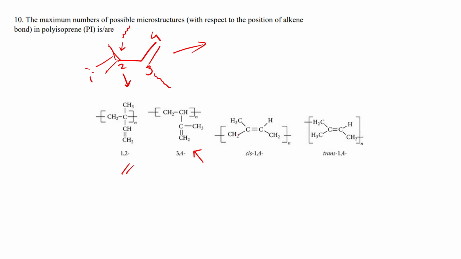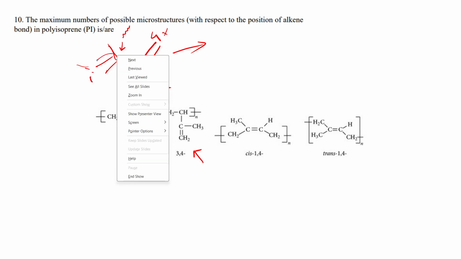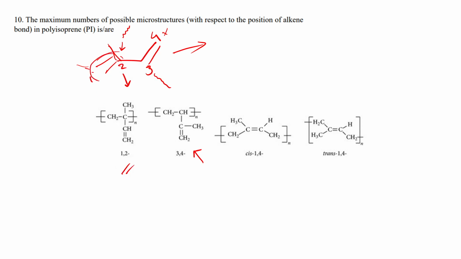And if you have one-four, like here and here, these two units. Firstly, we are seeing only this one-two double bond reacting for your polymerization and this one is intact. It is one type.